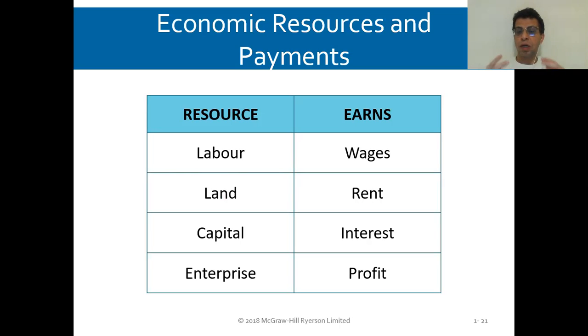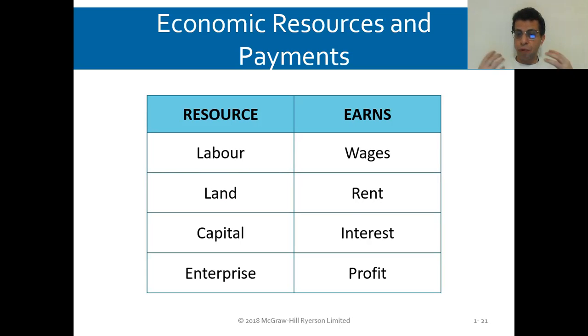A house is considered to be land in economics, because you pay rent to a landlord. Anything that collects interest is called capital. So money, because it collects interest, is a capital. Your equipment will collect interest or pay interest because you took these things.